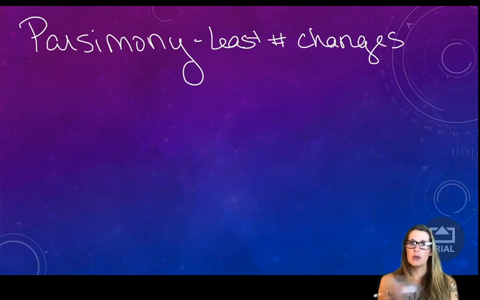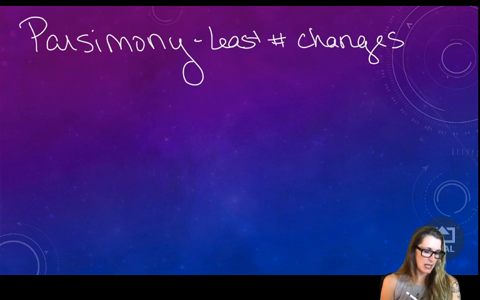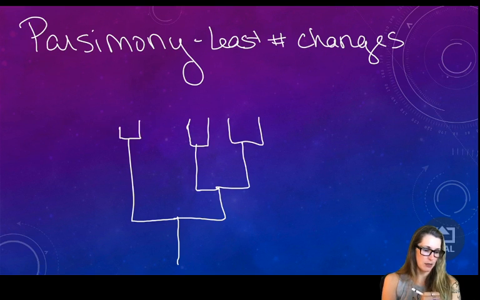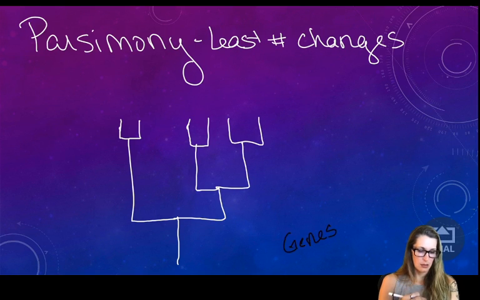So everything we've been talking about so far is based on a tree that looks something like this. And when we're talking about heritability for our imaginary tree here, what's happening is that the genes, or the variations of the genes, are getting passed from parent to offspring.